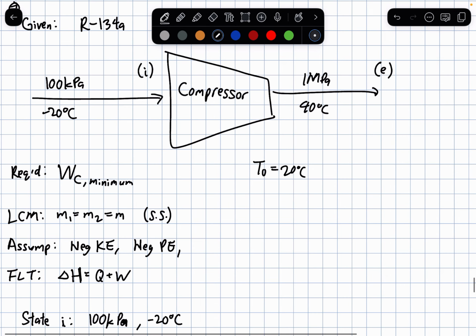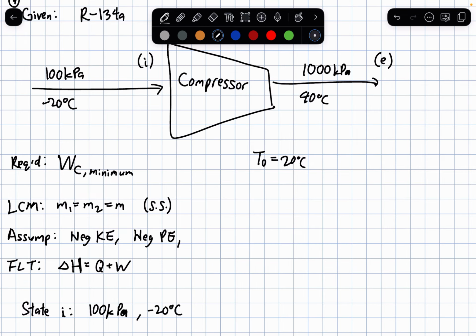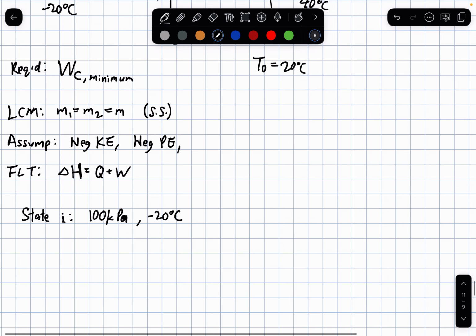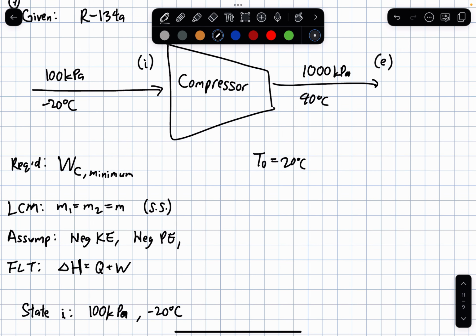Do we have pressure? We do. 1 megapascal is 1000 kilopascal. Shaft work is not equal to 0 since this device is a compressor, no?